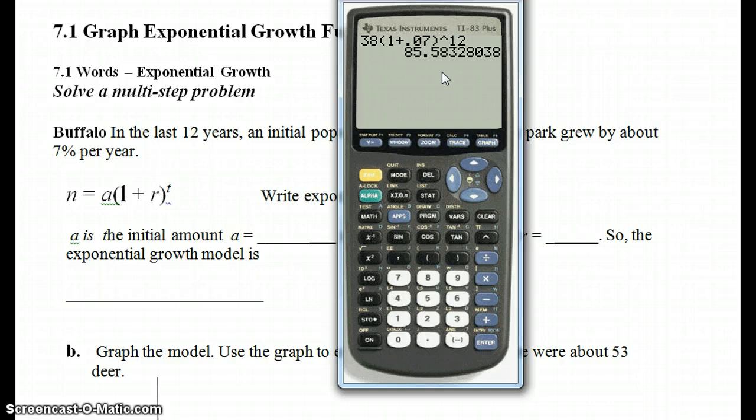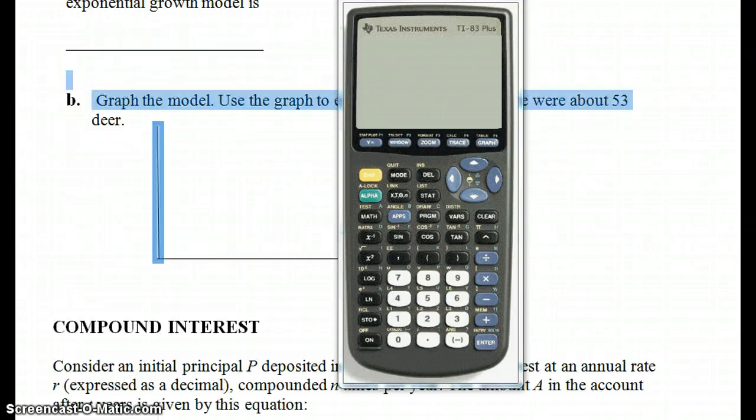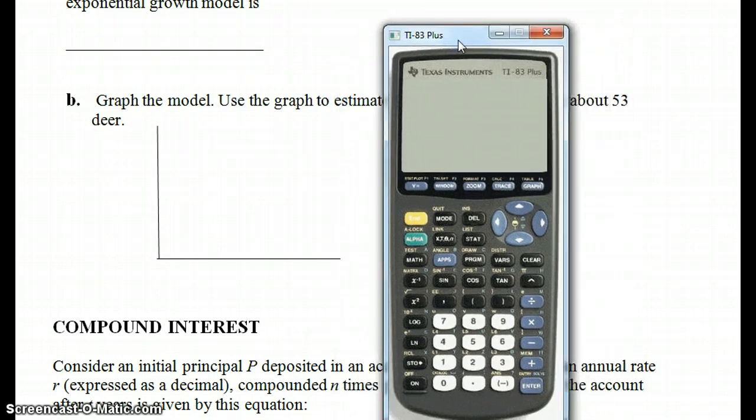As far as the graphing of exponential goes, to graph an exponential equation, we're going to put it in our y equals. If we graph 38, again, we can put it in just the way it is in our formula, put our x variable.